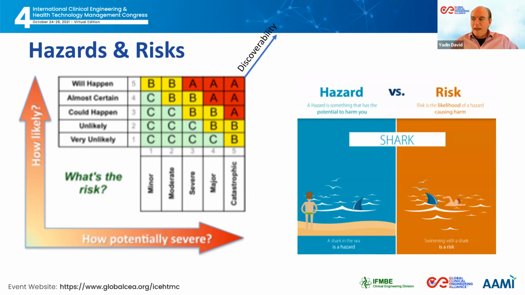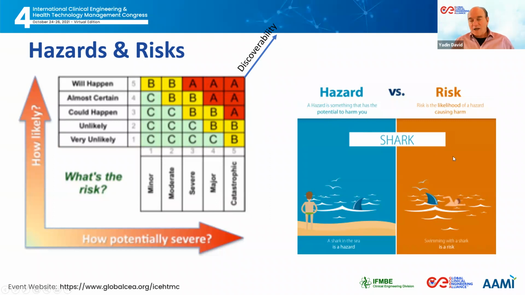Hazard, as you can see on the right-hand side of the slide, relates to a person standing on the beach, enjoying the blue water and the waves, and seeing the triangle fin of a shark in the water. As long as the beachgoer, this guy standing on the sand, stays out, this hazard does not have much potential to harm.